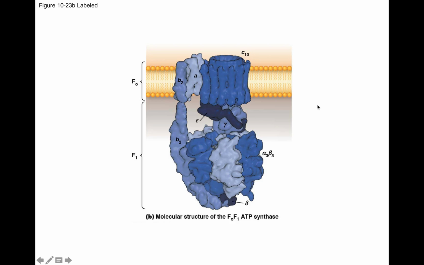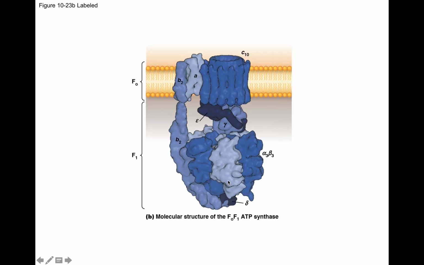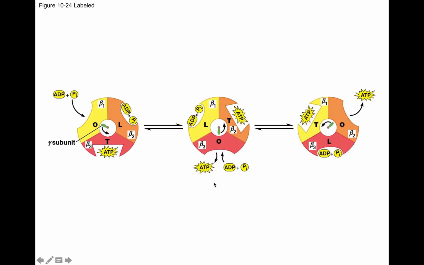This is a more realistic view of the FO part and the F1 part. If we look at the top-down view, so looking from this surface down, looking at the F1 head, these alpha and beta subunits, there are 3 conformations of the beta subunits. The alpha subunits are in between, but we're not considering those at this point.